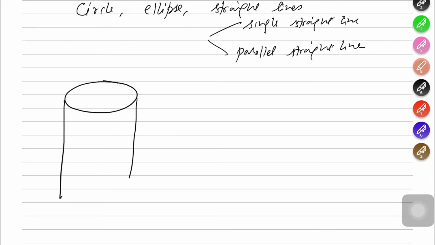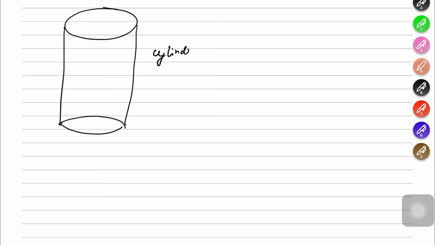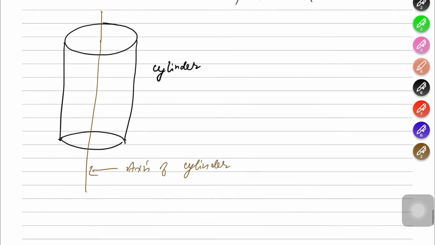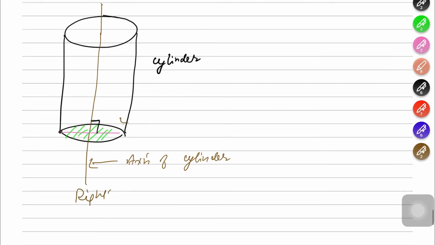This is a cylinder, and obviously this is the axis of the cylinder. Suppose this is the base, and if we join a line from the axis to the base, and this angle is 90°, then the axis of the cylinder is perpendicular to the base, and we can say it's a right circular cylinder.